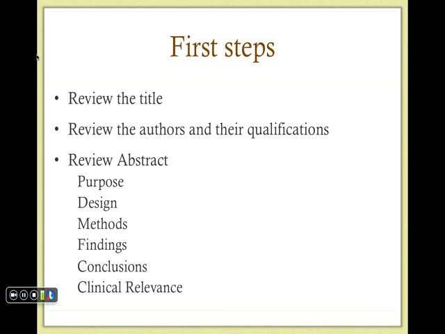You want to look at the authors and identify their qualifications. Now, this particular article is written by Phillips and Cohen, so you see that both of these authors are nurses at the doctoral level. You also see the FAAN designation.